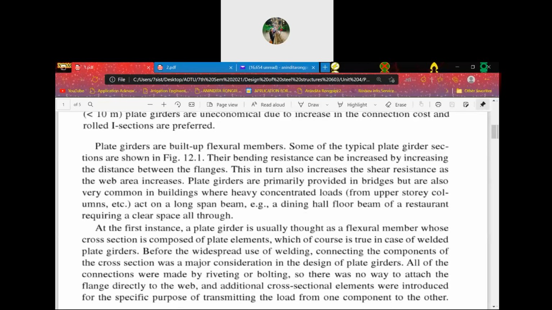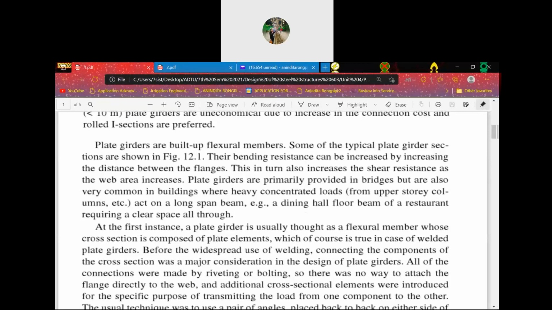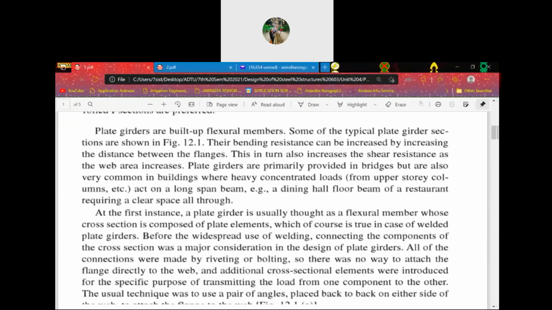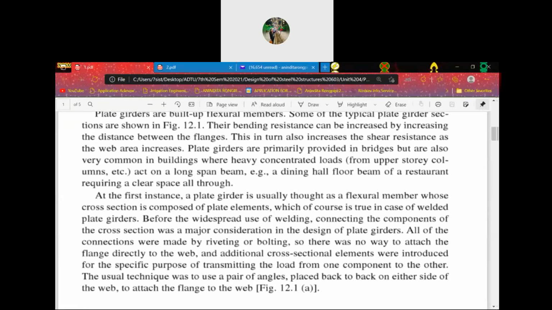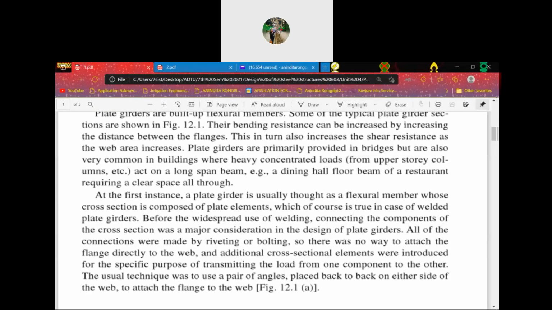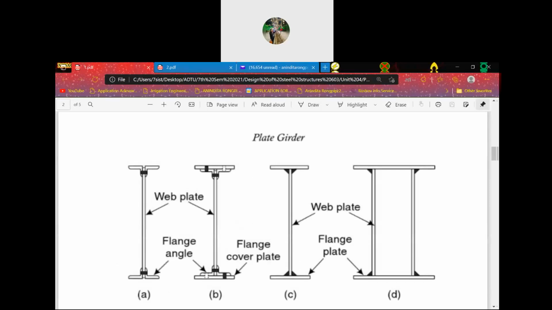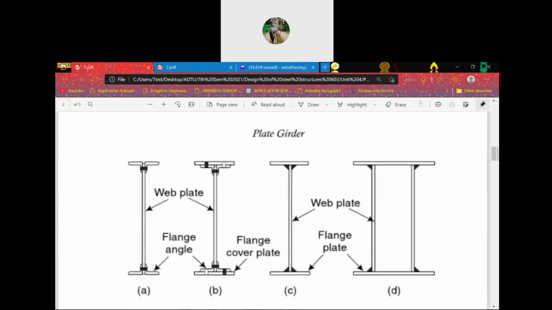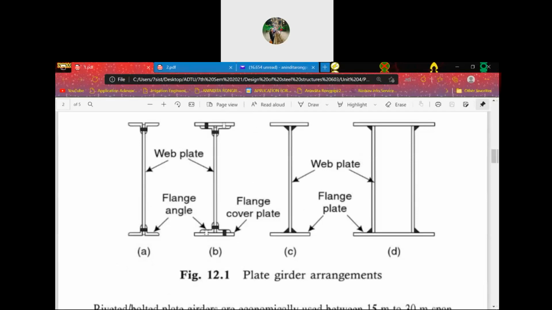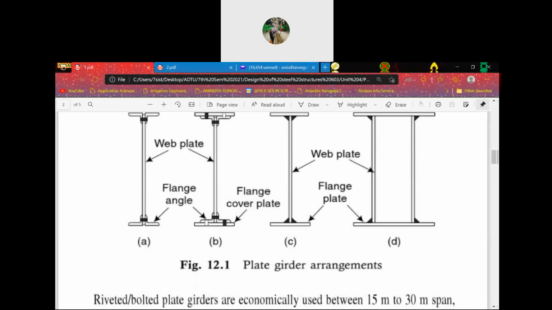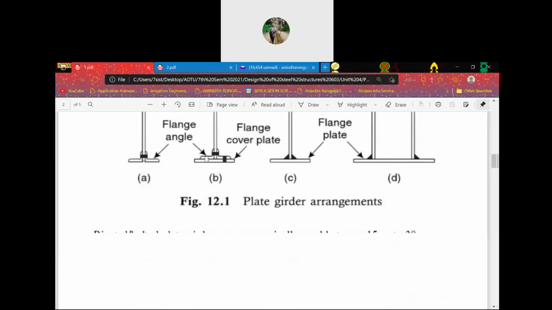Additional cross-sectional elements were introduced for the specific purpose of transmitting the load from one component to the other. The usual technique was to use a pair of angles placed back to back on either side of the web, so as to attach the flange to the web. Here in this plate girder, you can see the web plate, flange angles, flange cover plates, and plate girder arrangements.